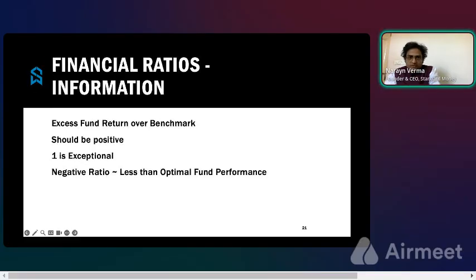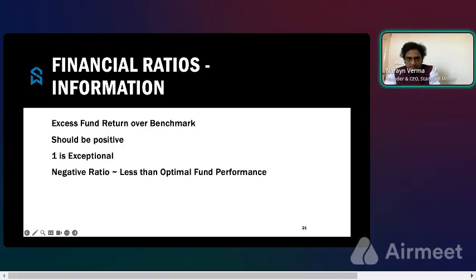Then there is also information ratio. Information ratio is another reliable indicator of the fund performance, and this is giving you an idea of how the fund performed against the benchmark.